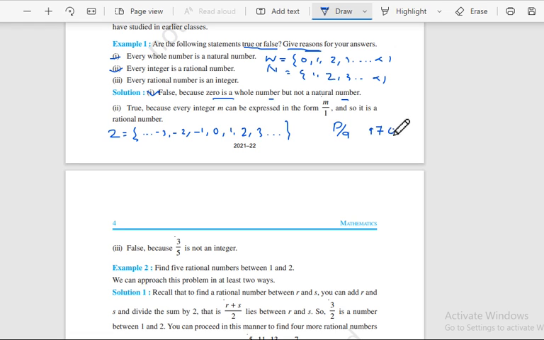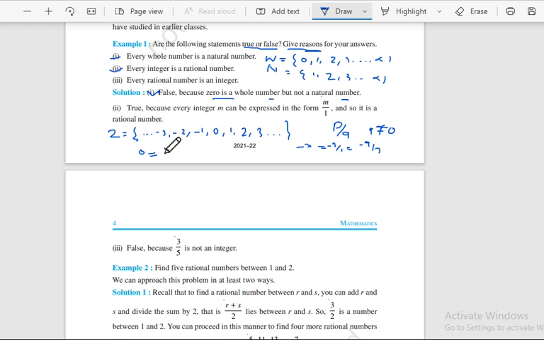q cannot be 0. So can we write -3 as p by q? Yes, -3 can be written as -3 by 1, no problem, or maybe -9 by 3. Can we write 0 as p by q?